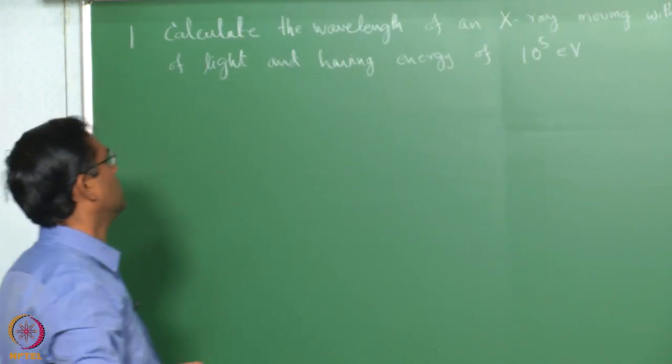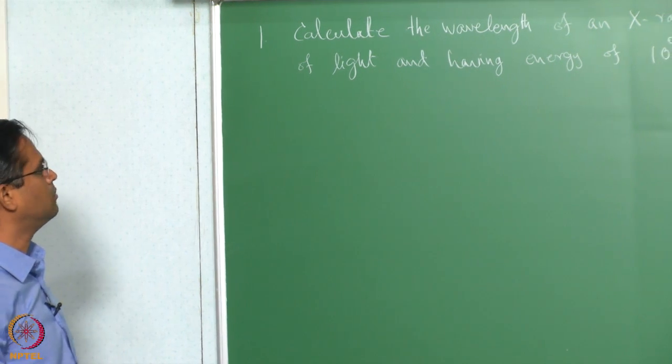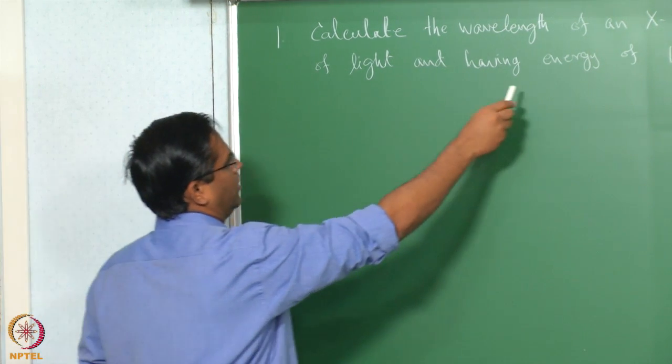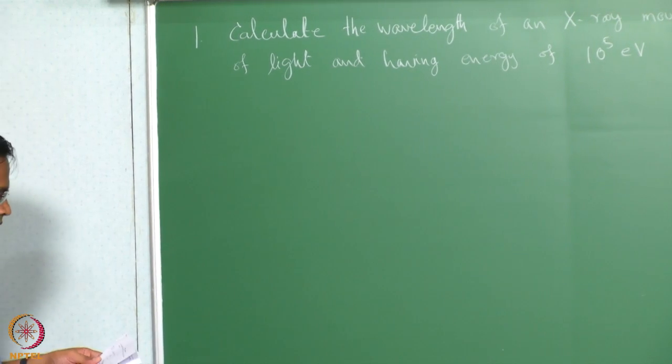The question is, calculate the wavelength of an X-ray moving with the speed of light having energy of 10 to the power 5 electron volt.